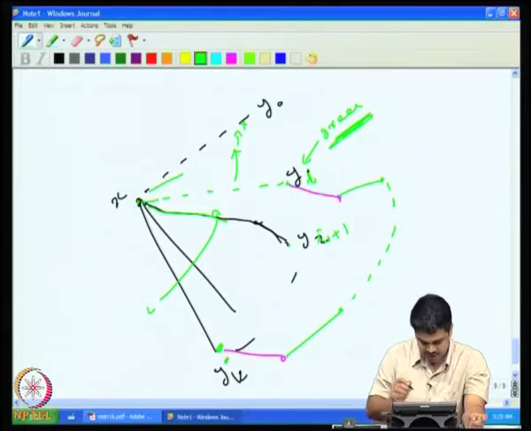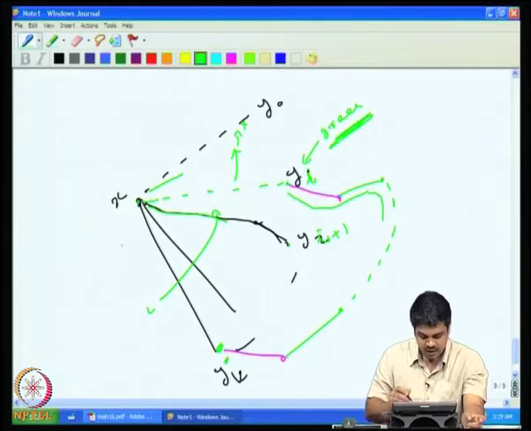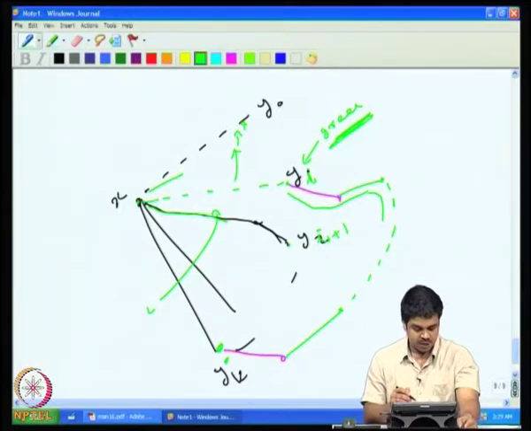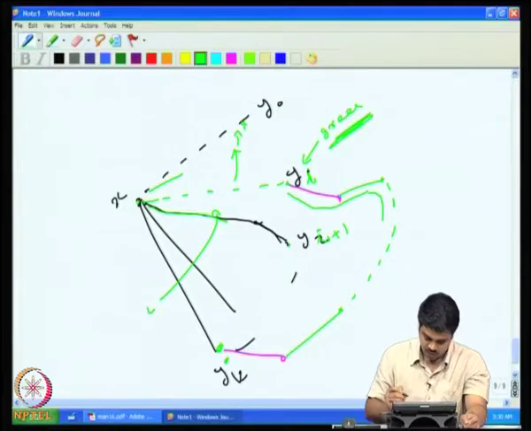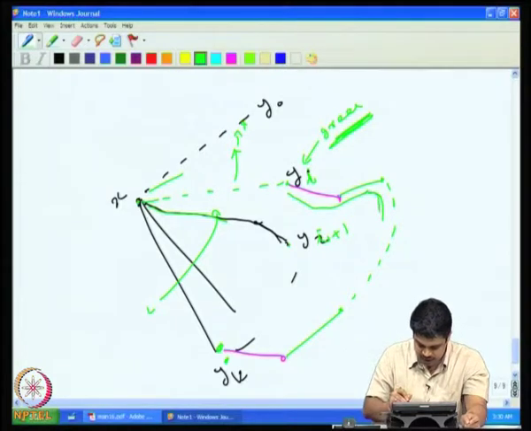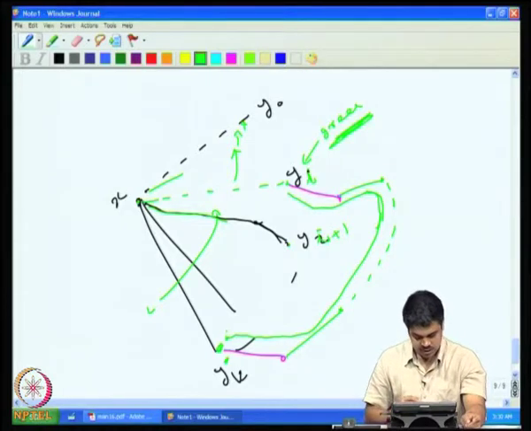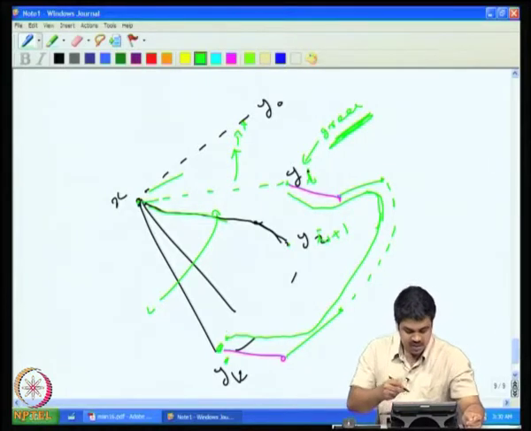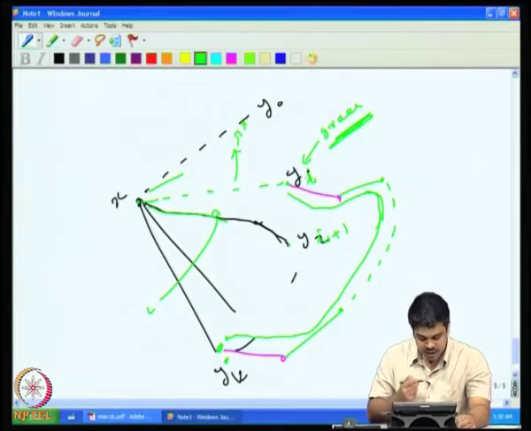We know that violet is present here, and then this violet green path, if I trace, what should happen? We know by our earlier argument, this violet green path should enter x somehow. But if we trace the violet green path, it has to reach yk, because we have already seen that there is a violet green connection from yk to yi, and there is only one such connection.